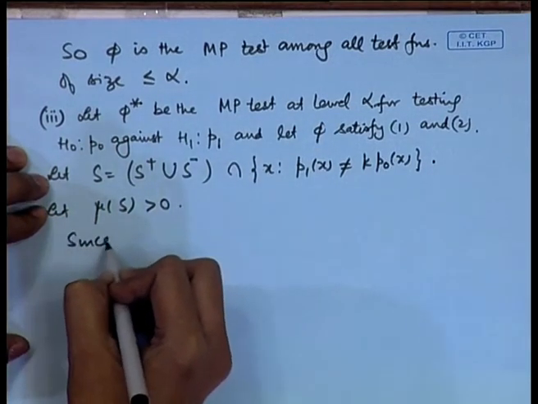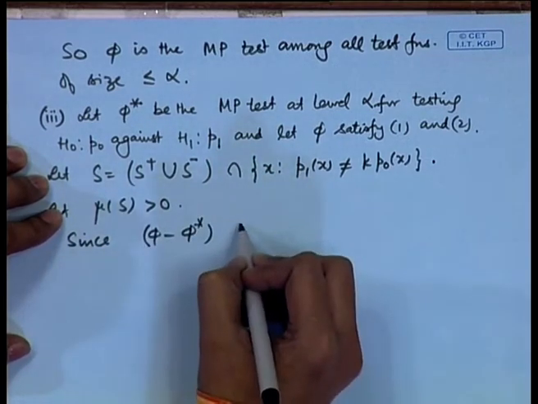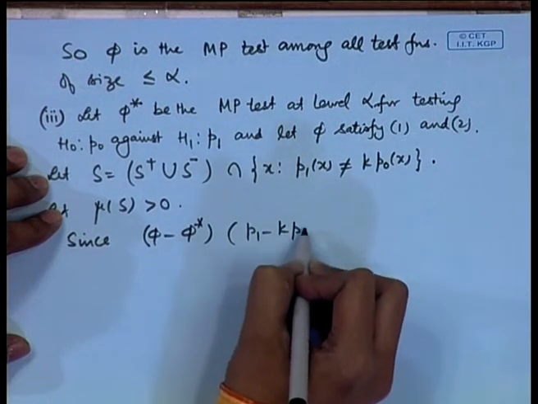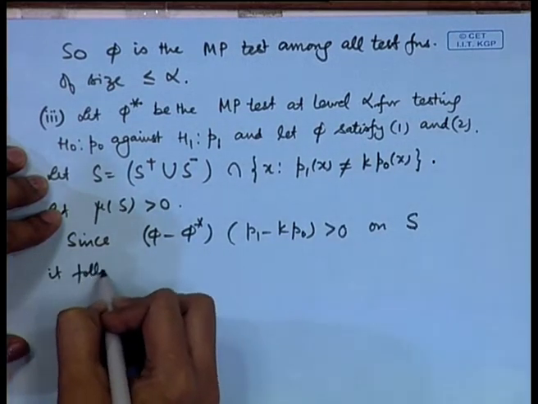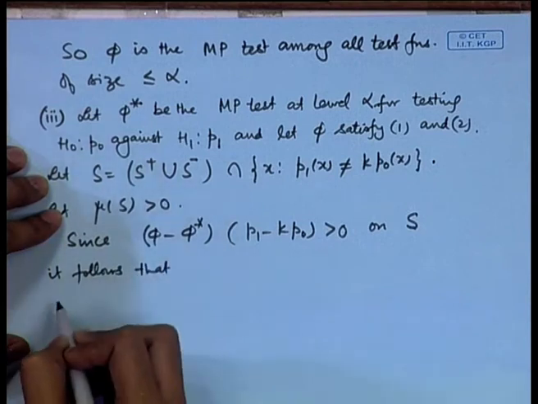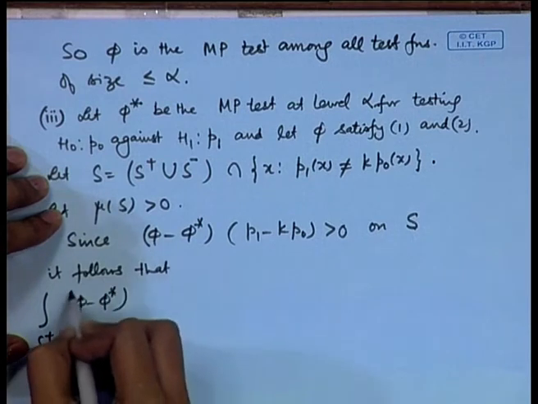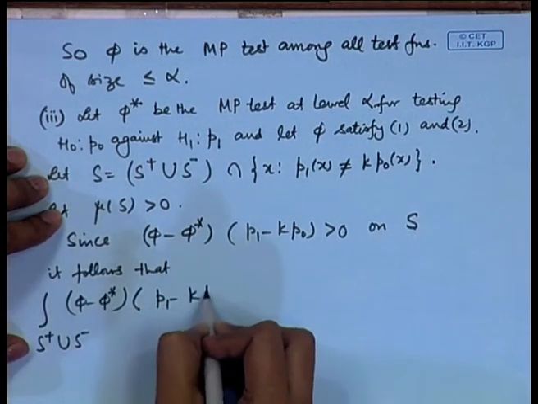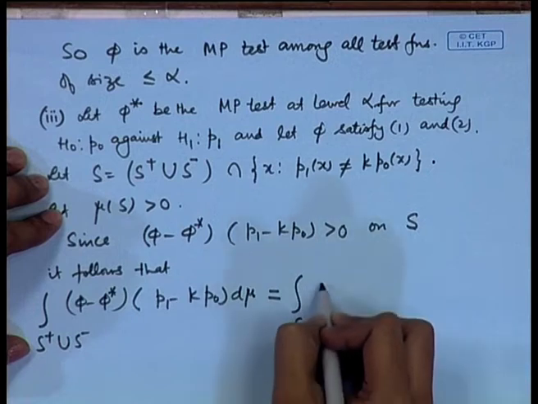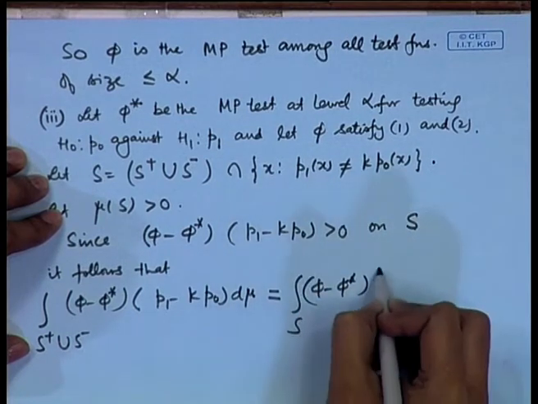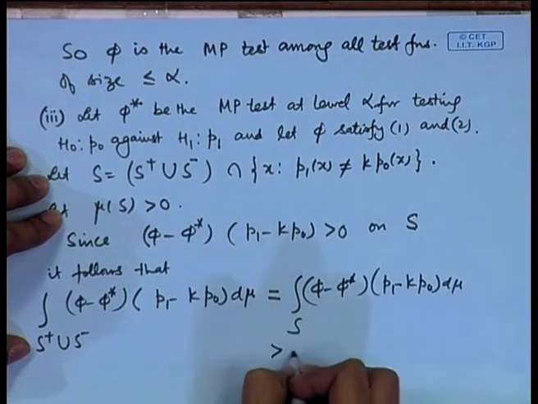So, as already observed, phi minus phi star into P 1 minus K P naught is greater than 0 on S. It follows that the integral over S plus union S minus of phi minus phi star times P 1 minus K P naught d mu is equal to the integral of phi minus phi star P 1 minus K P naught d mu. This is strictly greater than 0.